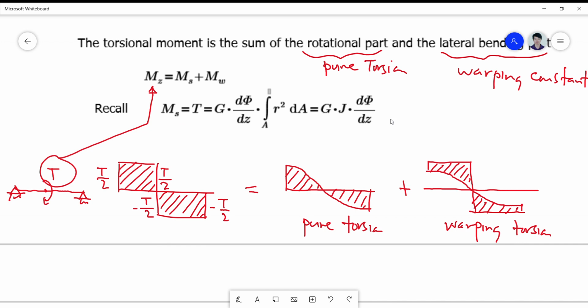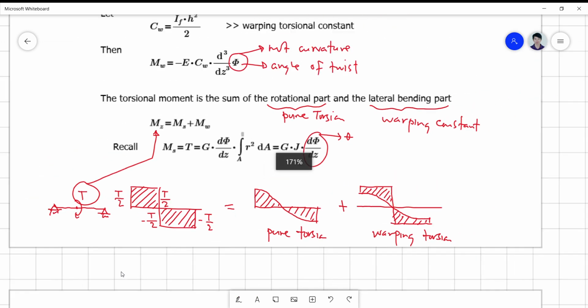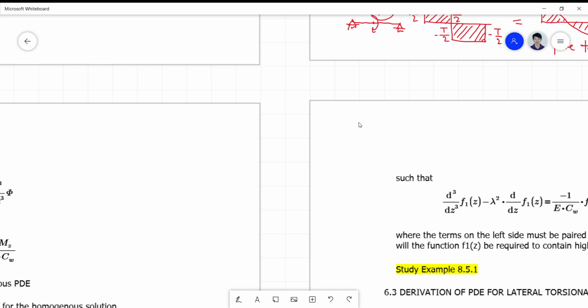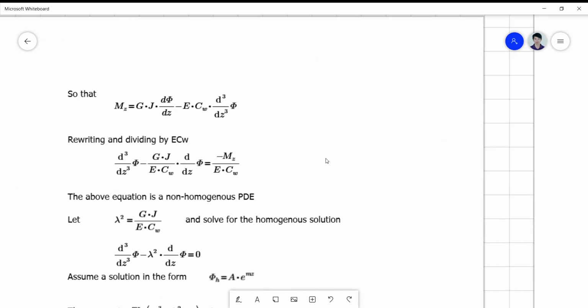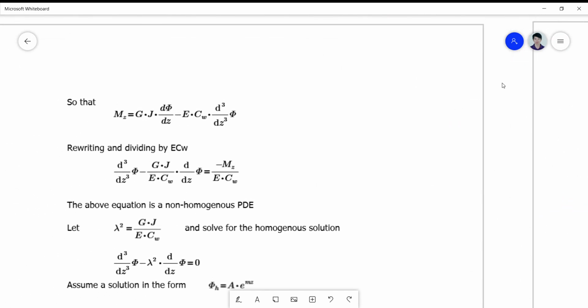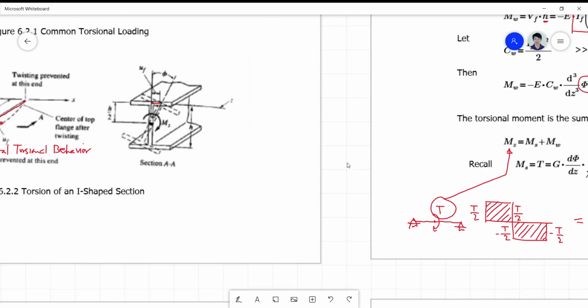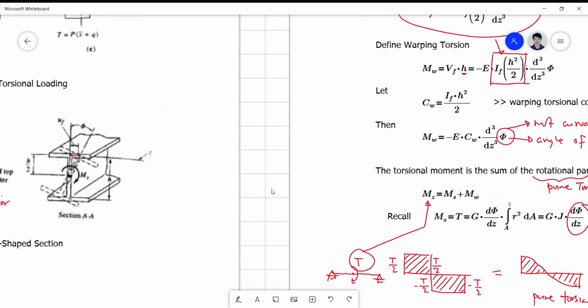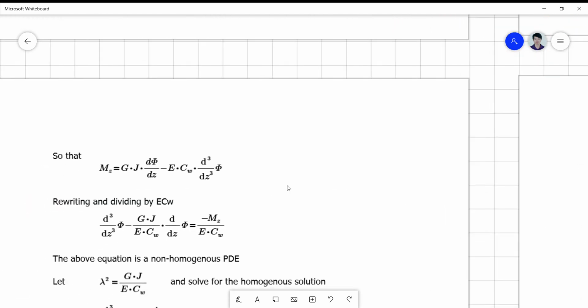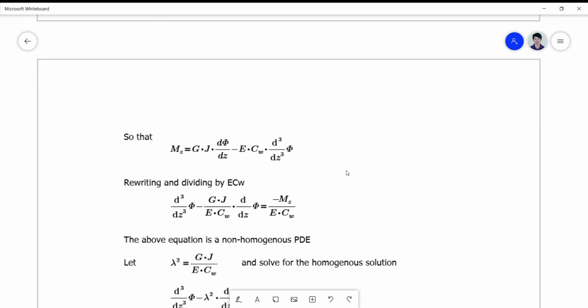Okay, simply GJ dphi over dz, where this is again equal to the rate of twist, and MW, or the warping torsion, is simply equivalent to the one we have derived a while ago. Okay, so ECW d cube over dz cube phi.